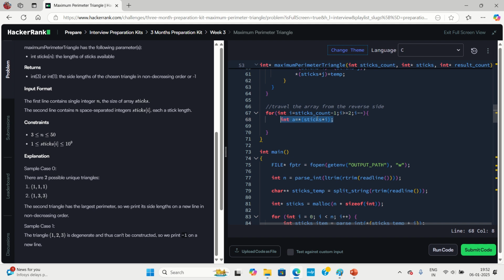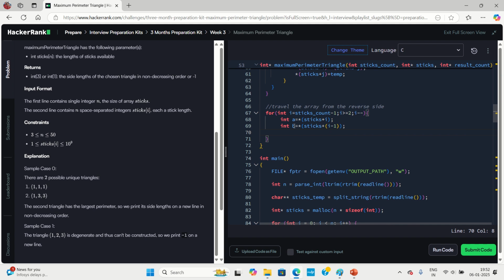Control C, okay. So int b is equal to value at sticks plus I minus 1, and int c is equal to value at sticks plus I minus 2.